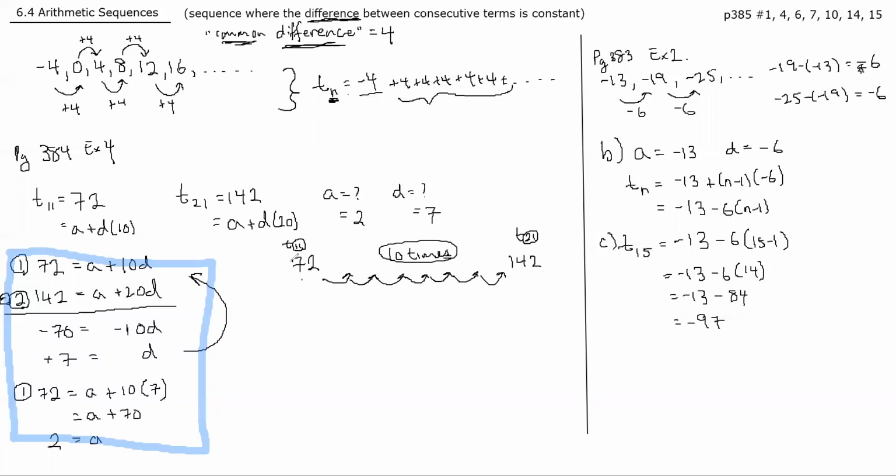That means between 72 and 142, the difference is going to be 10 times the common difference. Do you see how simple that gets? 142 minus 72 is 70 equals 10D.